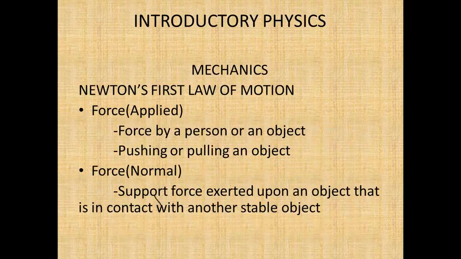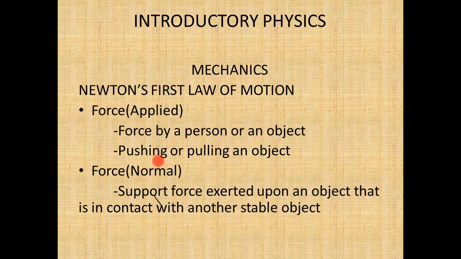And just to further go over the different types of forces, again, we have two broad categories of forces. We have contact forces, and we have force at a distance. So when we talk about applied force, an applied force is a force by a person, or it could be an object, causing a push or pull of an object.